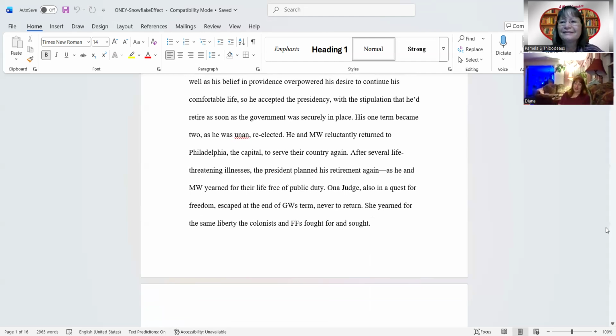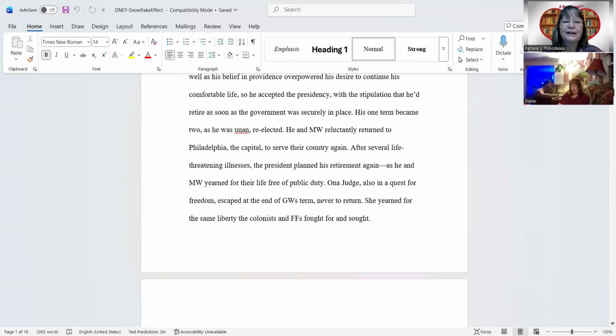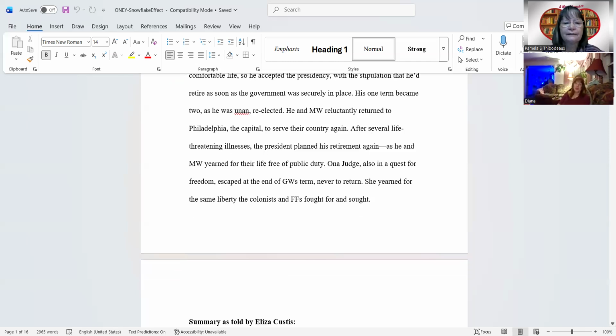Martha was hardly a slave, nobody owned her the way she owned Oni. But from childhood, Ona always felt that she had the right to be free. She was always anti-slavery, and actually, her father was white, her mother was black, so she was a mulatto. But anybody who was born to a black mother in those days, whether the father was white or not, became a slave because her mother was a slave.